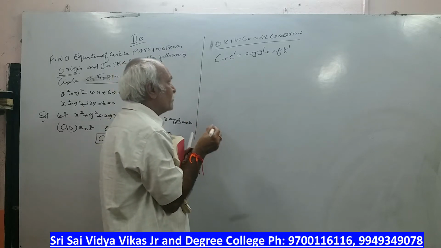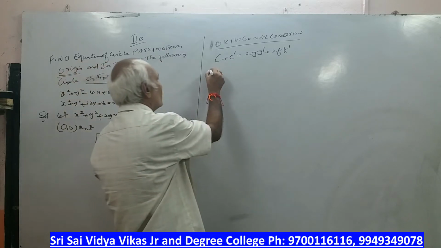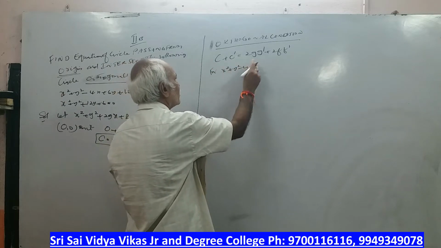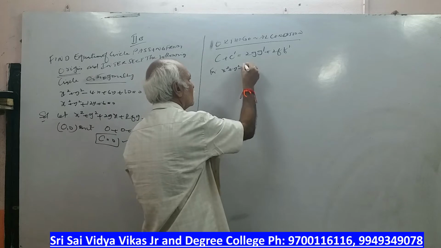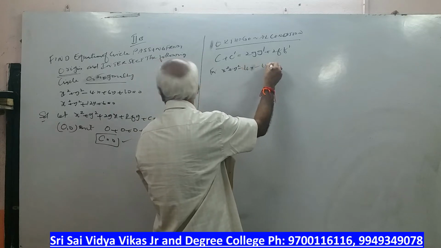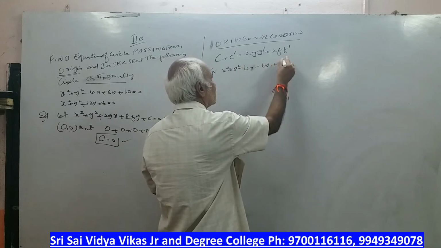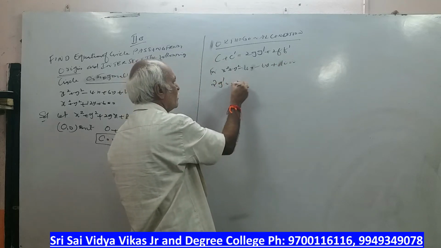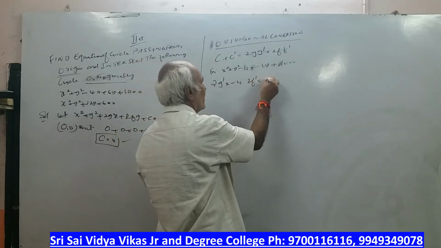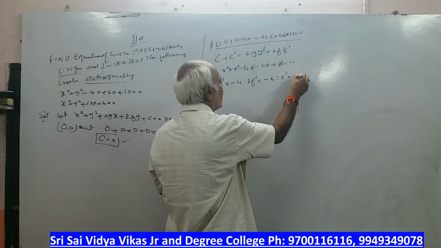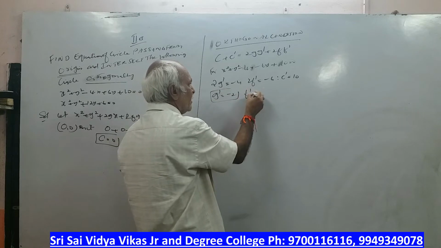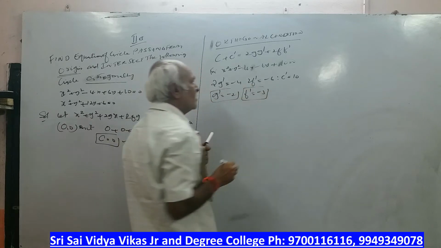And g dash, f dash, c dash will come from the circle x square plus y square minus 4x minus 6y plus 10 is equal to 0. What is 2g dash? Minus 4. 2f dash, minus 6. c dash is 10. What is g dash? Minus 2. f dash, minus 3. Okay, you got the values.